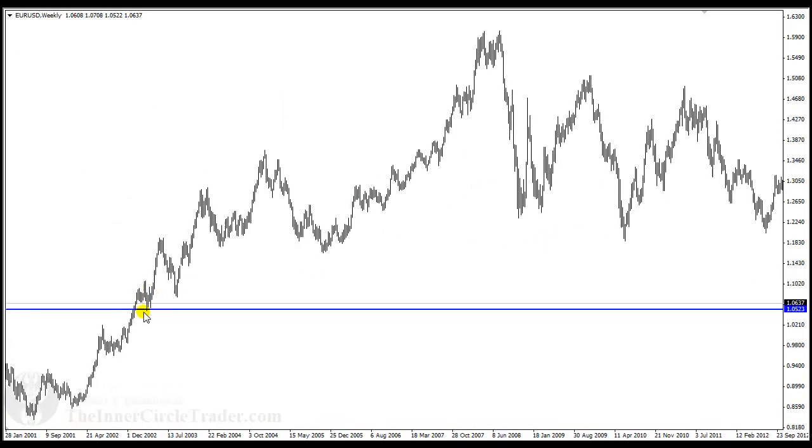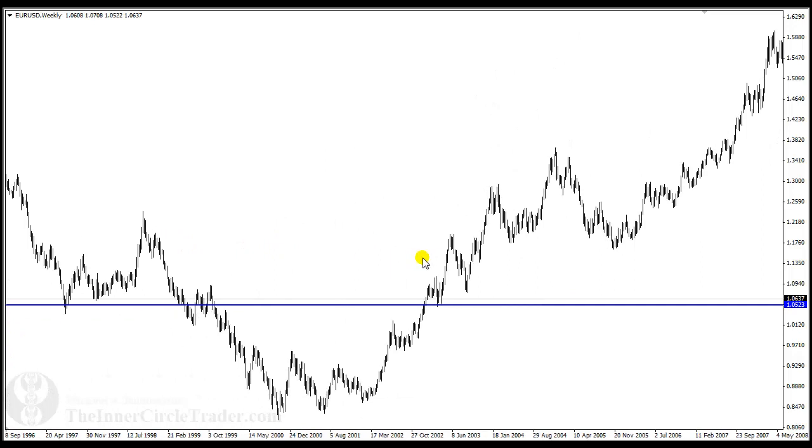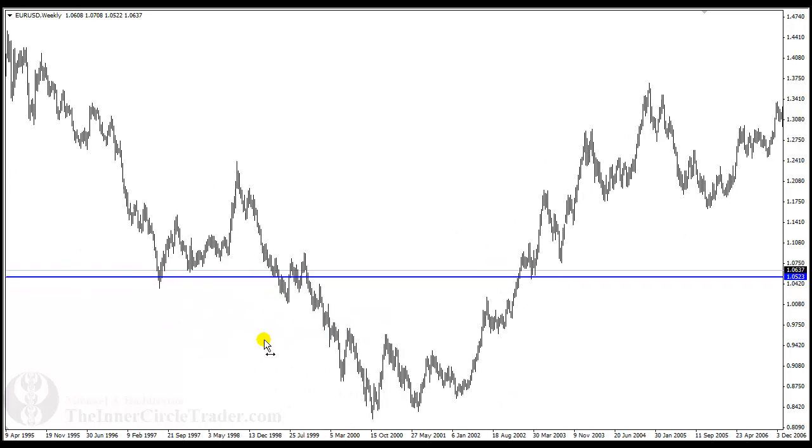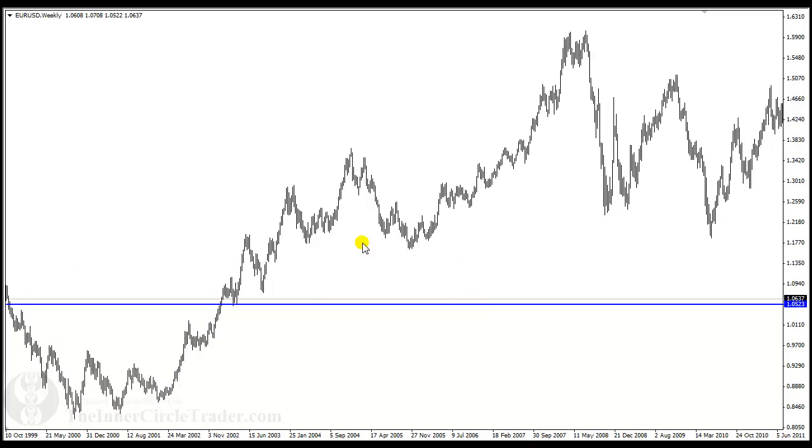Okay, we have a nice low here, and price reacted. Prior to it, we have a low here, and then here, all this price action. This is an area to anticipate institutional interest in the fiber.